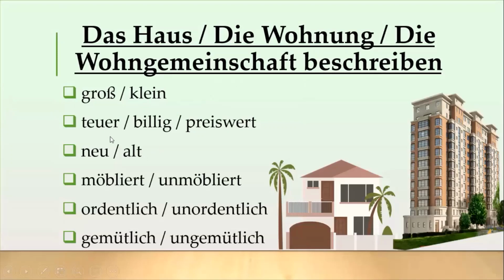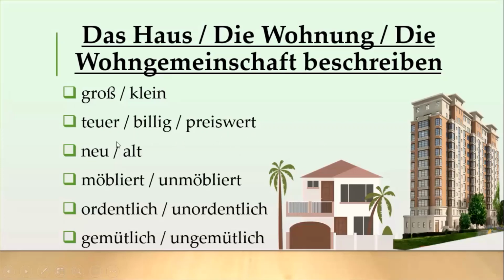Then for either of these types of accommodation, I can say that they are expensive, teuer, billig or billig, because words in German ending with ig can have the ig or the ish pronunciation.